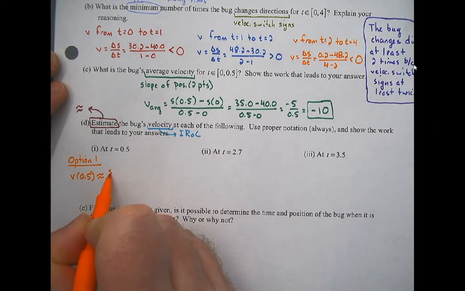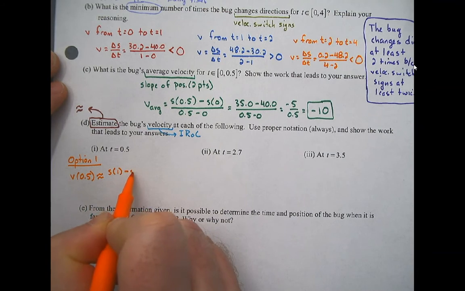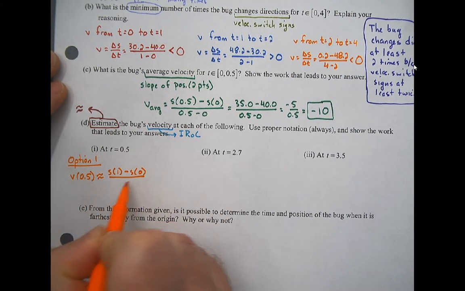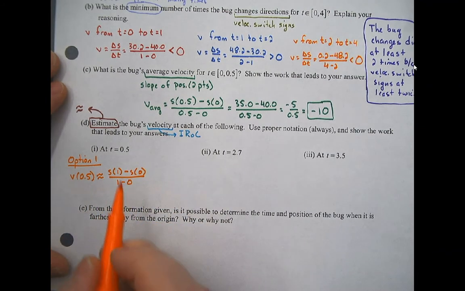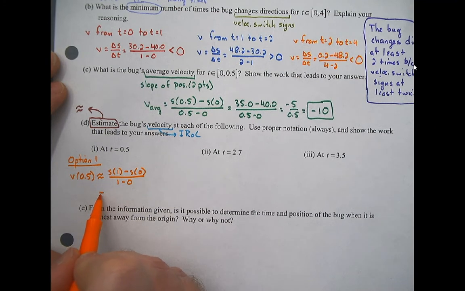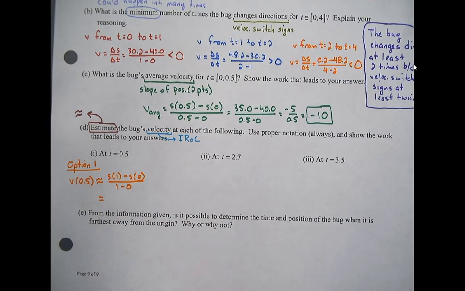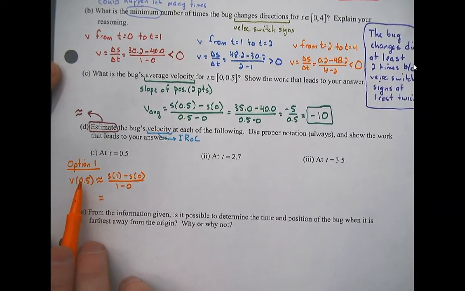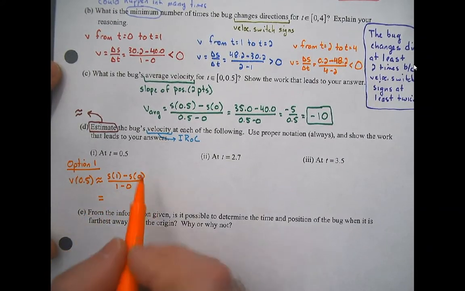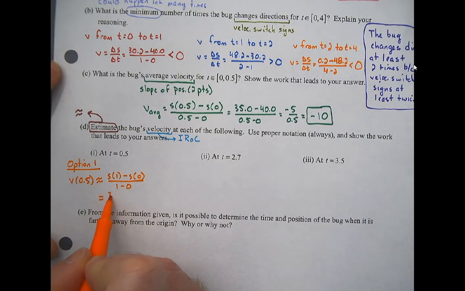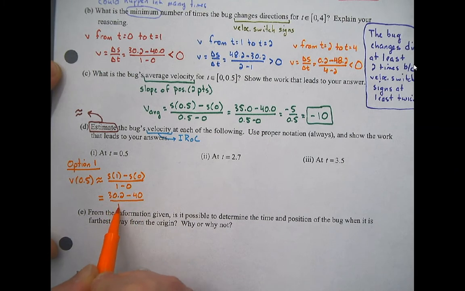So that's position 1, subtract position 0, over 1 minus 0. Then this turns into an equal sign as you keep going. It's really weird. So this is an estimate of velocity, but this value does equal 30.2 subtract 40 over 1 minus 0.